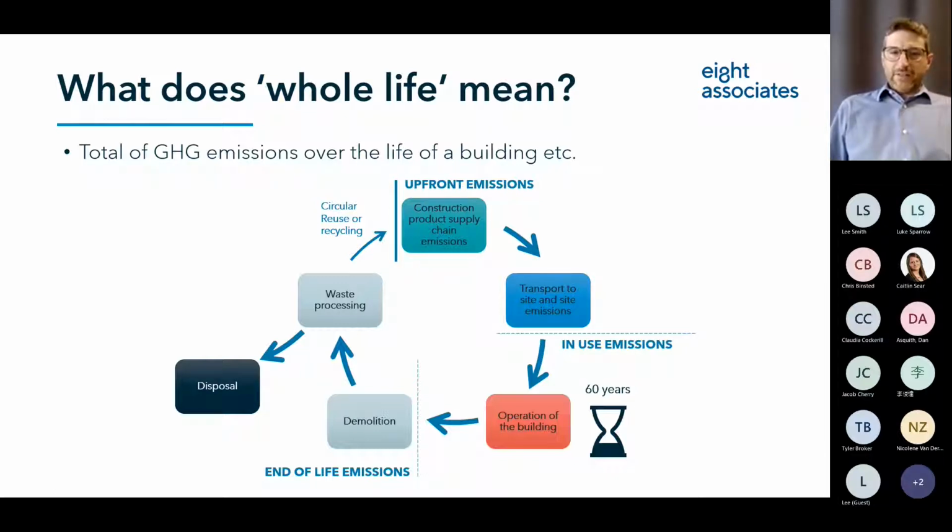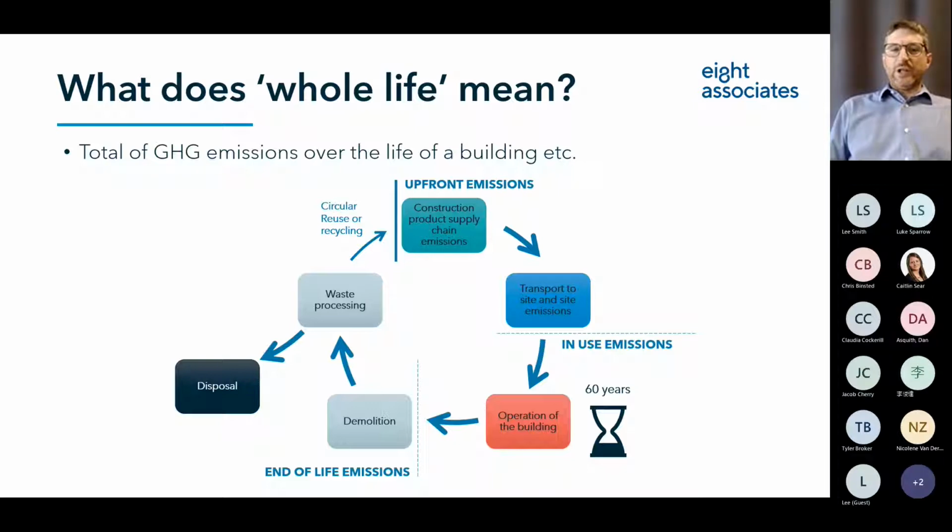Then following the end of the life of the building, you of course have end of life emissions from the dismantling and demolition, and then transporting those materials or processing them on site, or transporting them away from site to be processed somewhere else.